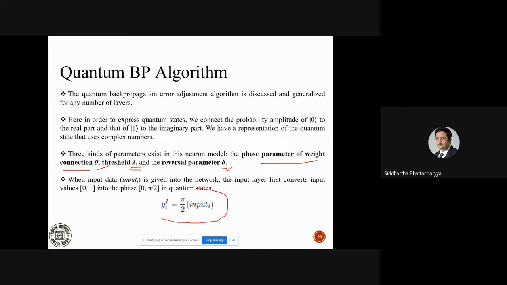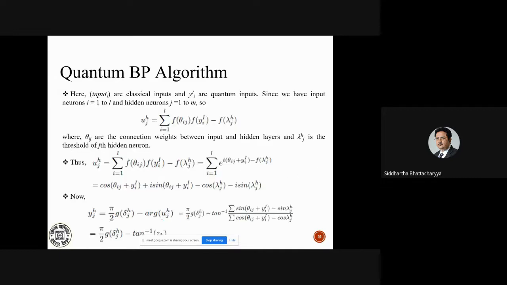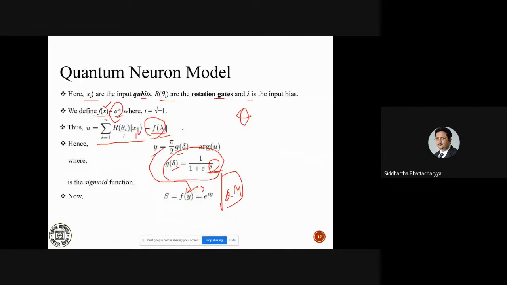You get the quantum version of the inputs, and then you go for the calculation. You are expressing the complex rotation gates, parameters, and all these things in functional form. As I told you earlier, you can represent any complex parameter with a complex function in a functional form like f(x), for the sake of understanding.